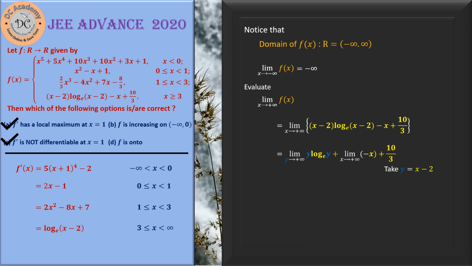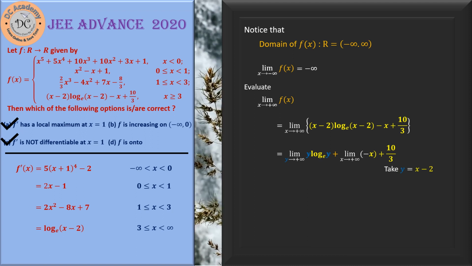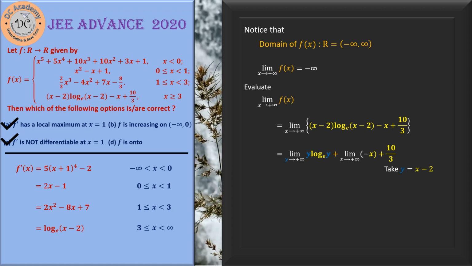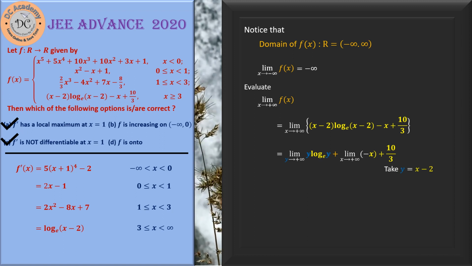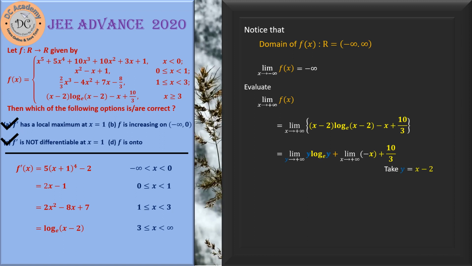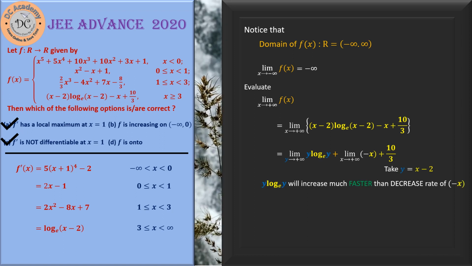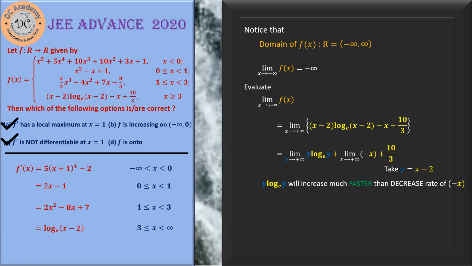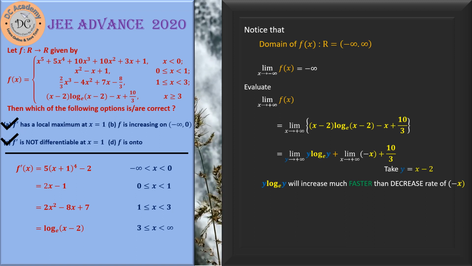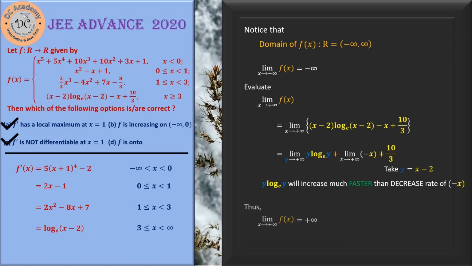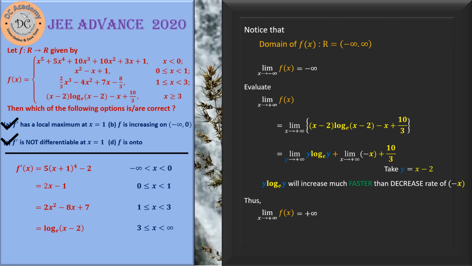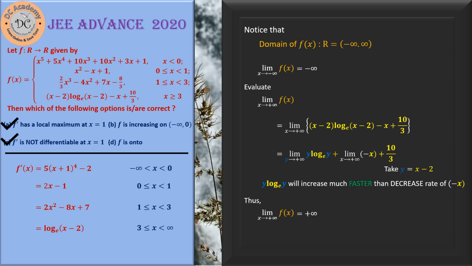But here we have y multiplied by log of y. So this function will increase much faster than the rate at which minus x decreases. So we'll say that the rate of increase of y log y will be much higher than that of minus x. So the limit of x tends to plus infinity of f x will be plus infinity.